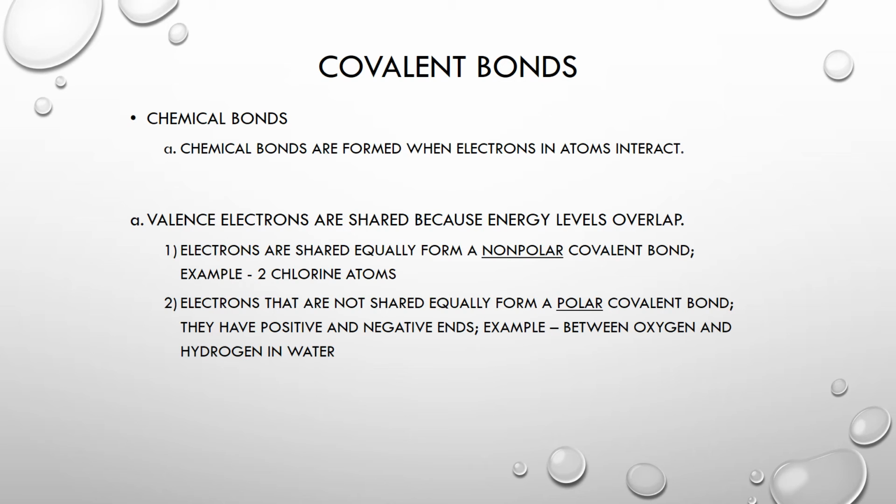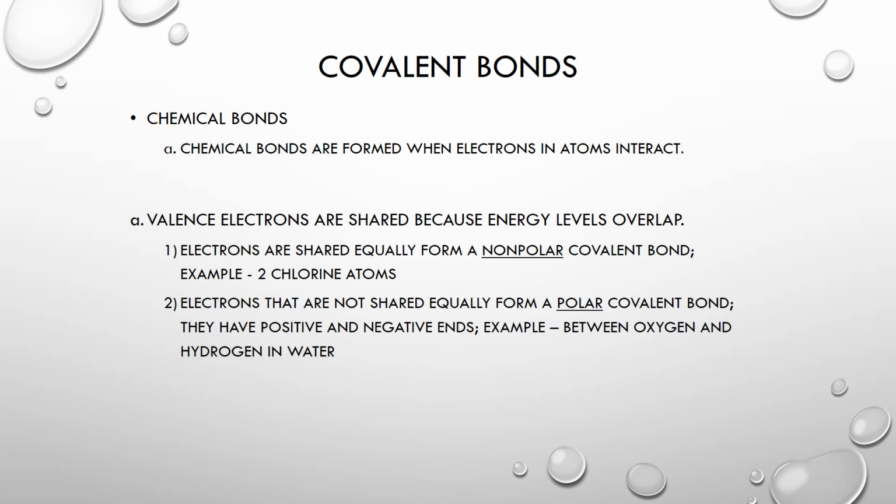The other type that we have is a polar covalent bond. This is where there's unequal sharing between 2 atoms. That also means that one of the 2 atoms will have a more positive end and the other will have a more negative end.